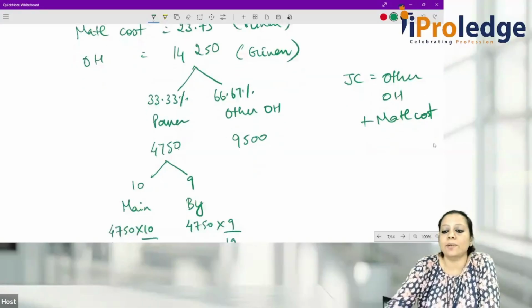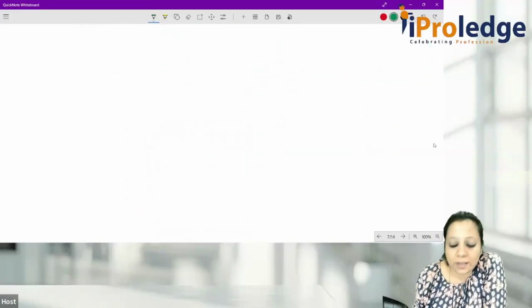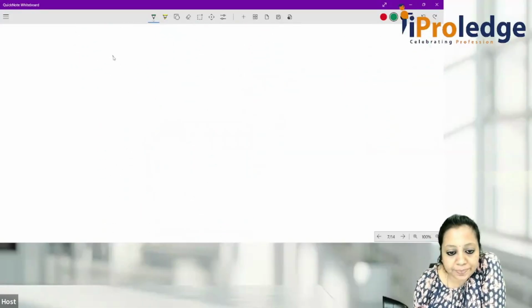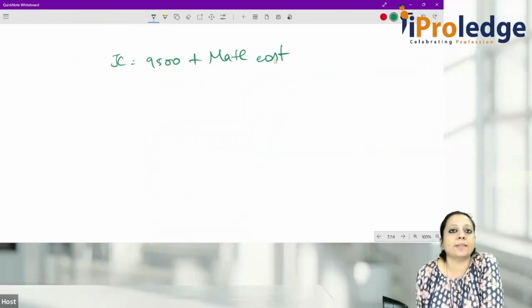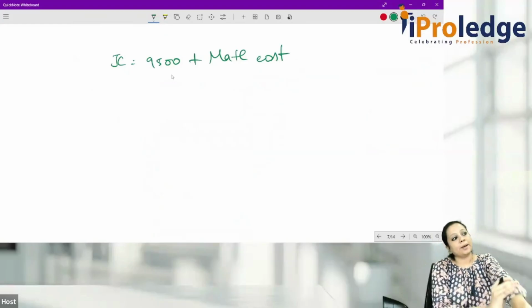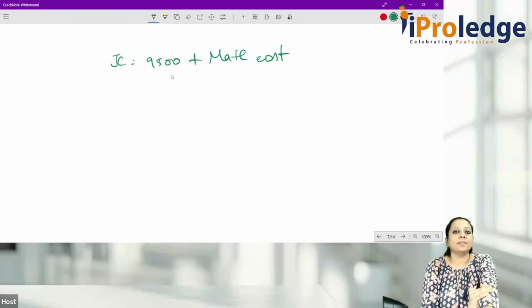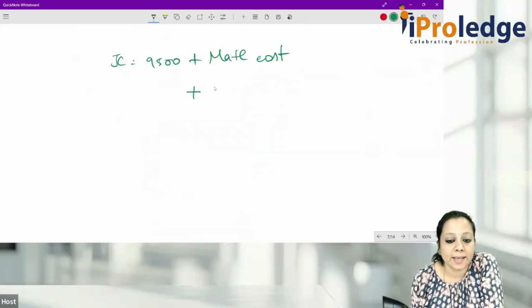My opinion is that joint cost is going to be 9,500 plus material cost. Overhead is 9,500 except power. Power alone we consider separately due to the separate basis.